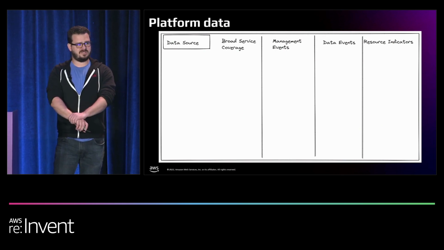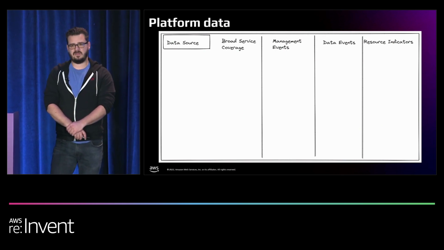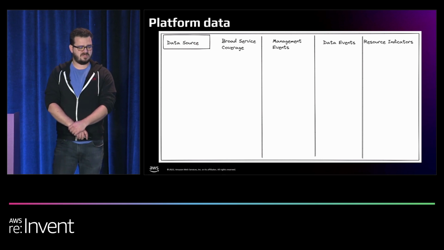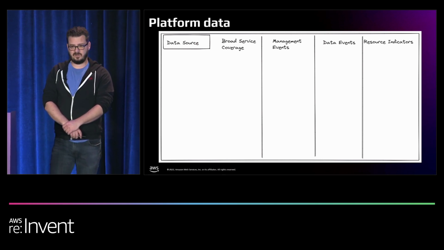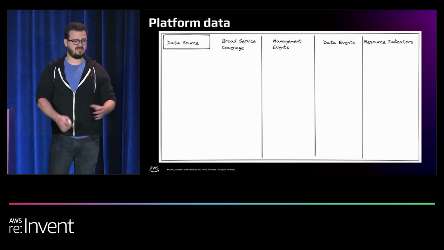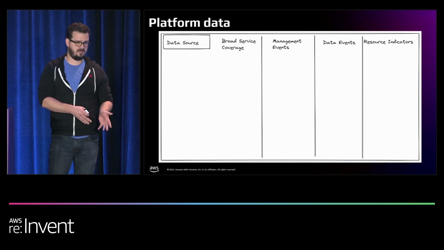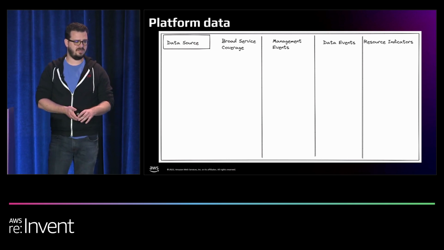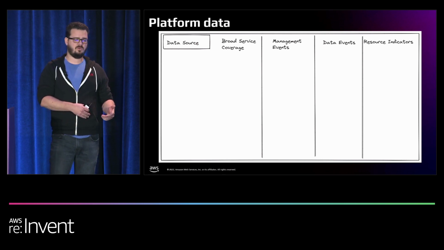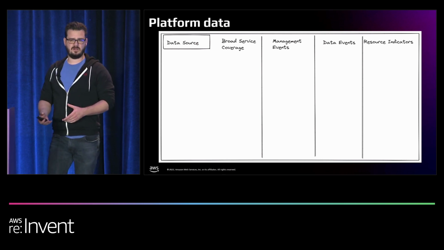So let's talk about some of the requirements of the data that we would need to find these dependencies. First off, we needed broad service coverage. If we only had data for a single resource type or service, that wasn't going to cut it. We were using a variety of different services at Netflix. We also needed not just management events, but data events. The delineation between those two being calls that create or mutate or delete a resource versus calls that are transactionally made against those resources.